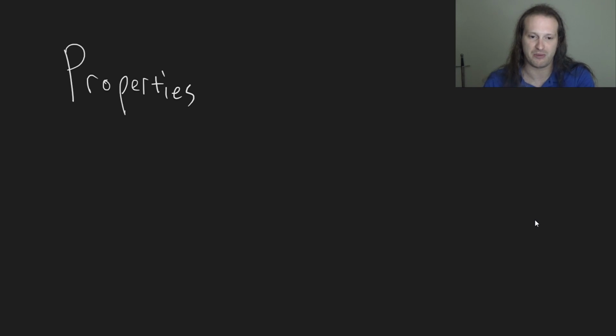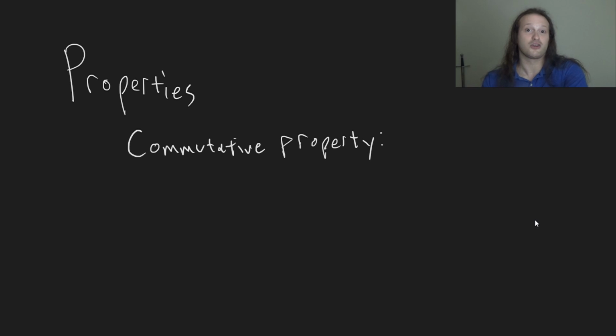So the first property of these operations that we are going to work with is called the commutative property. Yeah, sure, why not? Property. The commutative property says that we can rearrange numbers and it doesn't change the answer.